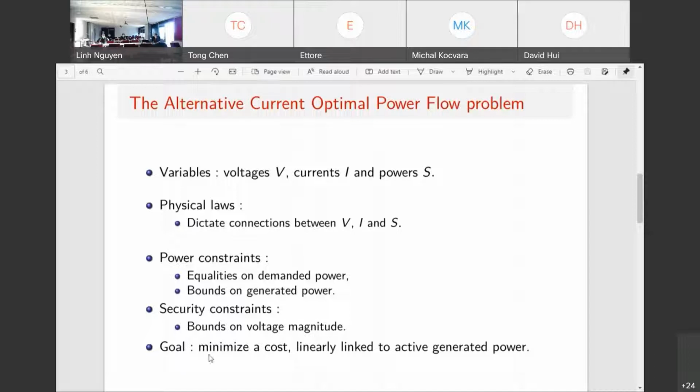The goal is usually to minimize the cost, linearly linked to active generated power, so to the real part of the generated power. Sometimes all these coefficients are equal to 1. In that case, you simply minimize the amount of power, which is simply losses minimization, because roughly you have the demand plus the Joule effect losses equals the generation.